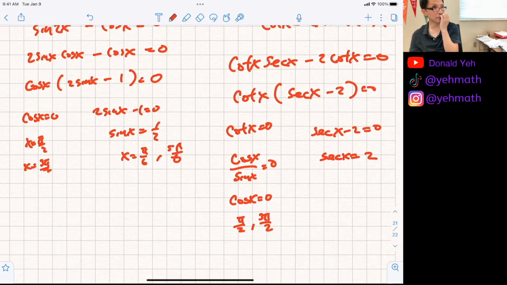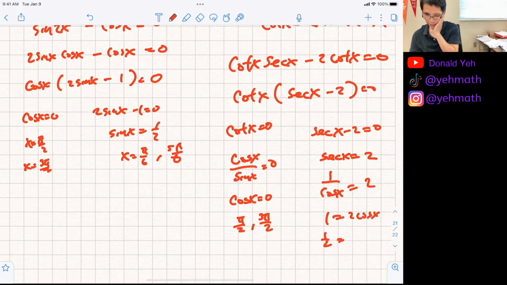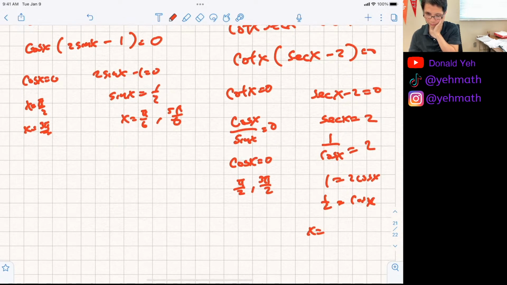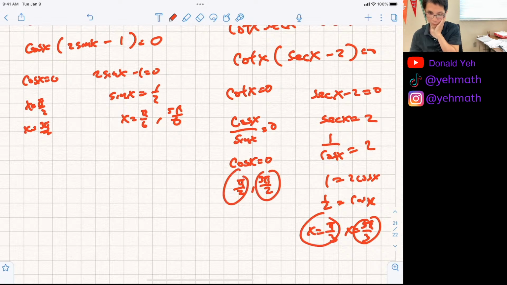Can I change the secant to 1 over cosine? Now, can I just multiply both sides by cosine of x? And that's 1/2 equal to cosine of x. And that becomes something I know how to do. So there are 4 answers.